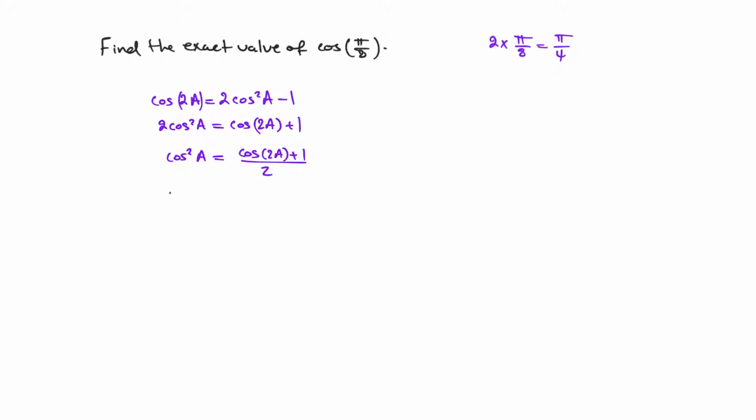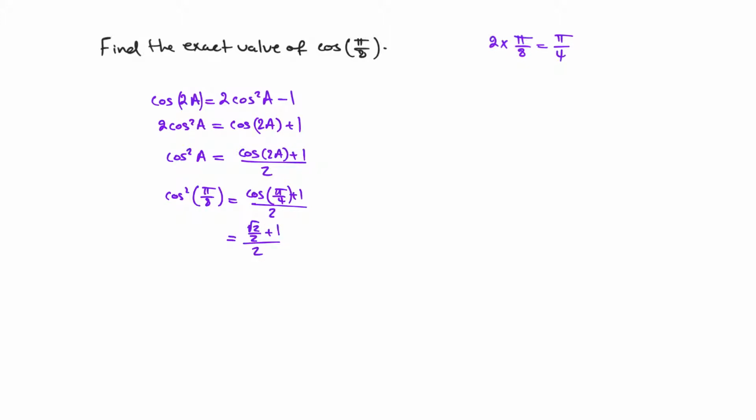I'm trying to find cosine squared of pi over 8 here, and that's equal to cosine of 2 times a, which is pi over 4, plus 1, divided by 2. Cosine of pi over 4 is root 2 over 2, plus 1, over 2.